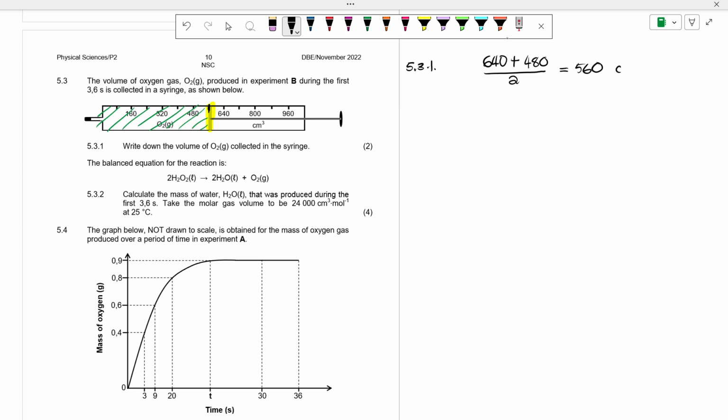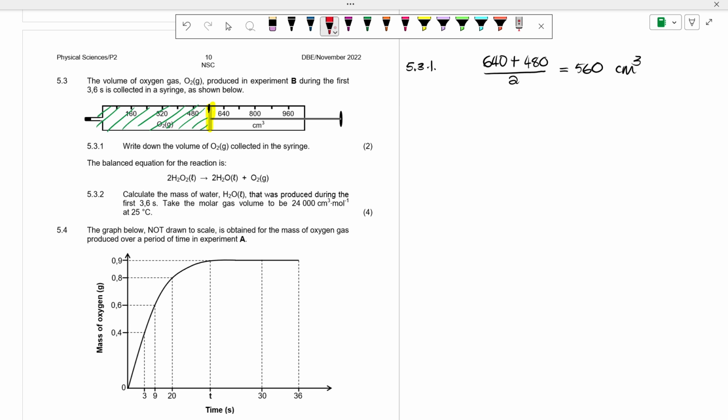So 560 cubic centimeters. Or of course you can just find how much you add to 480, then you're supposed to get the same answer, 560. Okay, good. 2 marks.